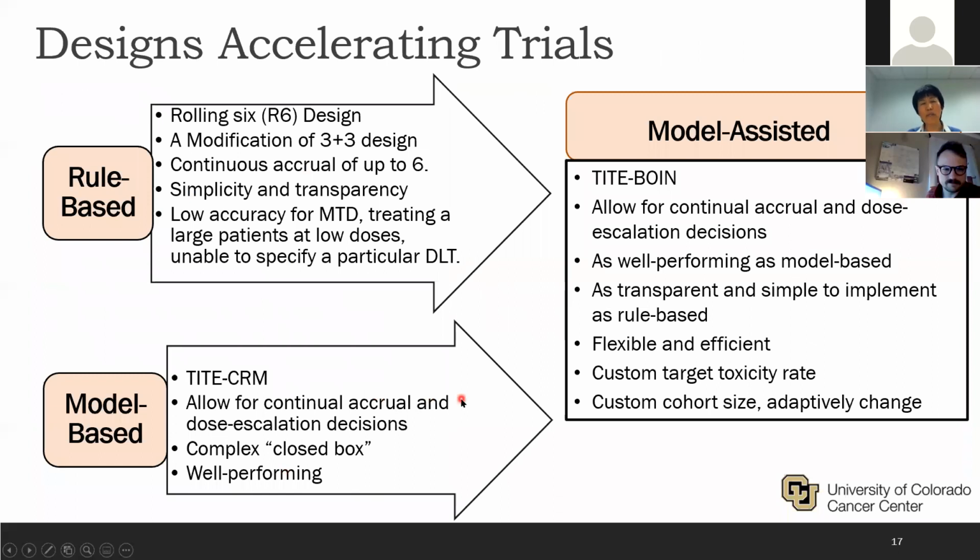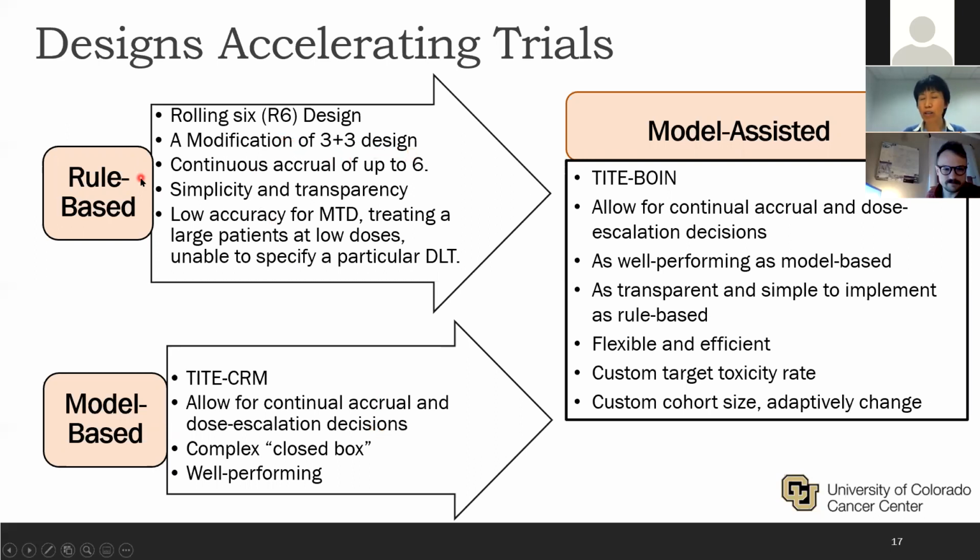So in this slide, I put the rolling 6 and the time-to-bound as well as time-to-CRM into our design frameworks. Those are 3 different types of design. Rolling 6, again, is a modification of the 3+3 design.